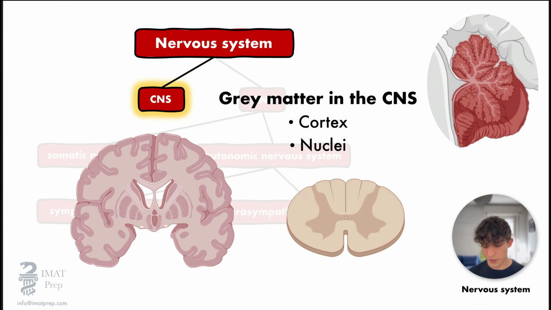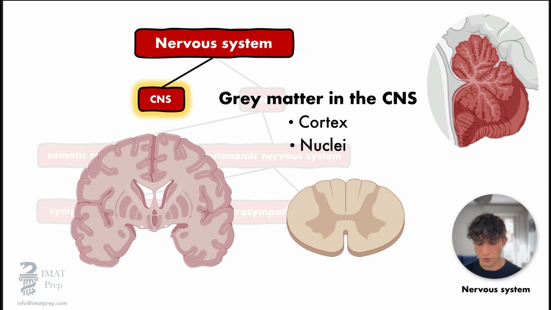You can subdivide this gray matter in the spinal cord into its nuclei, and also you can subdivide these structures into their nuclei. For example, we mentioned that the thalamus was the relay station for sensory information. This is where sensory information stopped and synapsed before going to the primary somatosensory cortex. But even within the thalamus, we can find different types of nuclei.